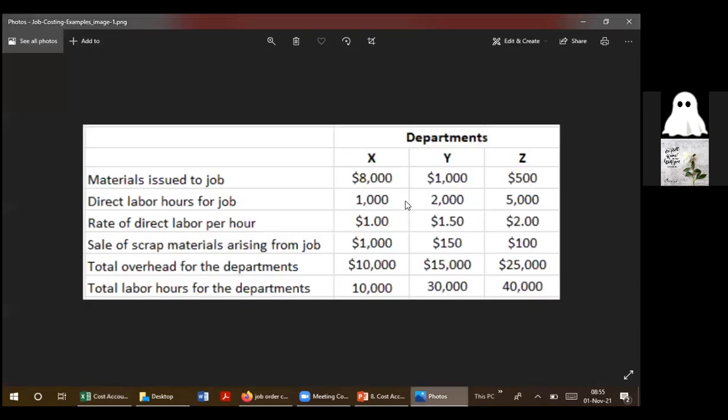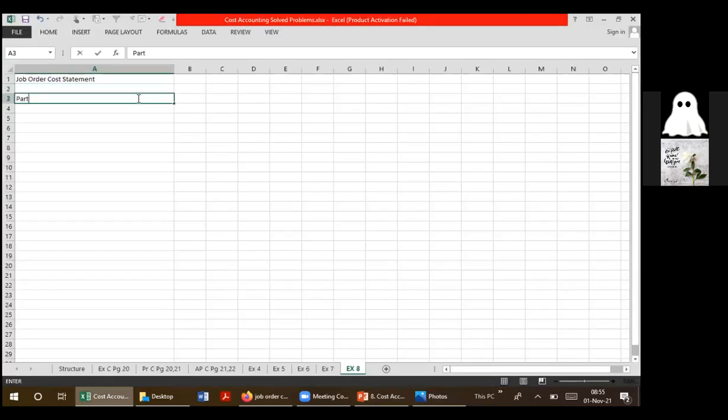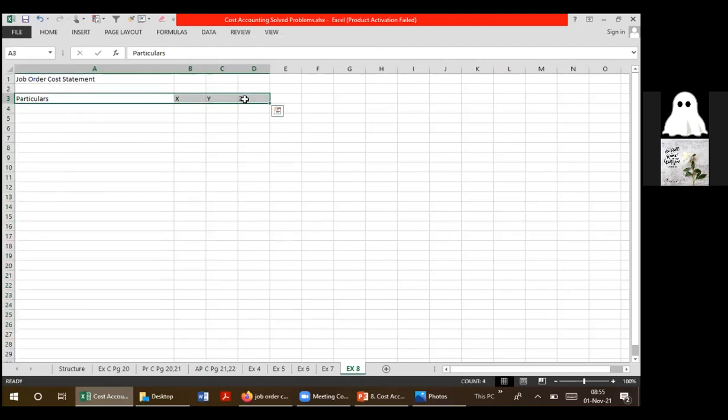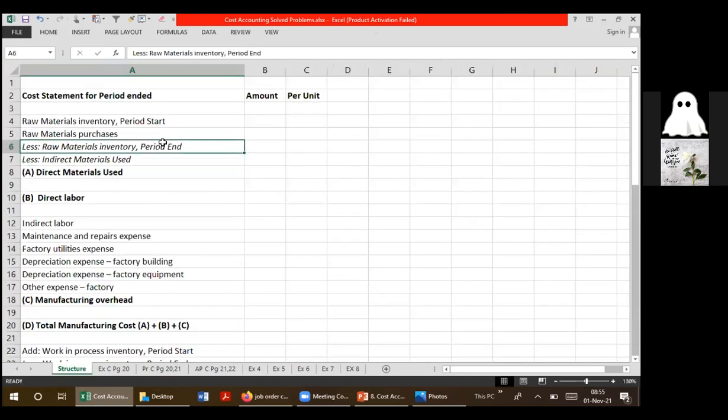We just have departments X, Y, and Z. So we'll write particulars for X, for Y, and for Z. Okay, 3 departments here. So as per our structure, we start with raw material inventory at the start of the period, then purchases, and then the end of the period, giving us the direct material that was used.